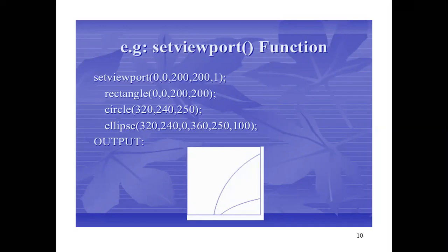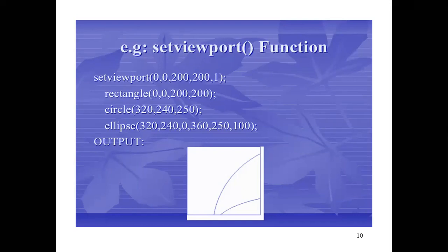So try to write such small programs using computer graphics. You can use the same Turbo C++ and use the header file. You have to change the graphics mode, and simply change the header files only, and after that you can run your program using the same compiler.